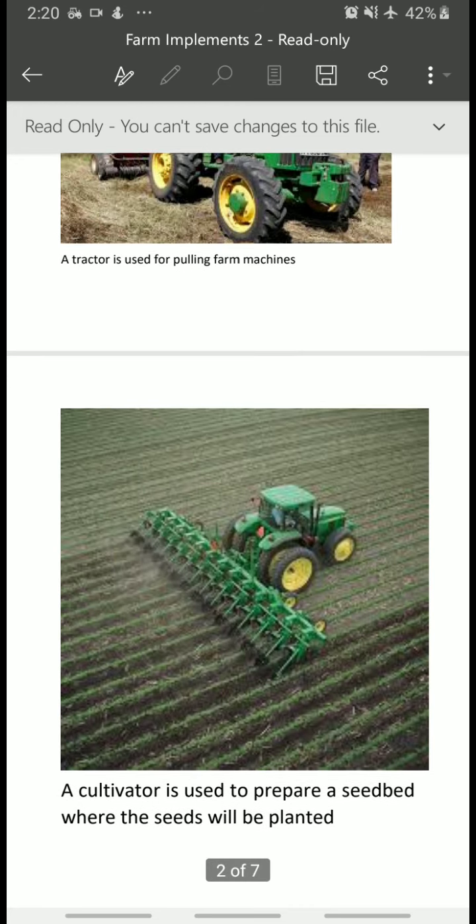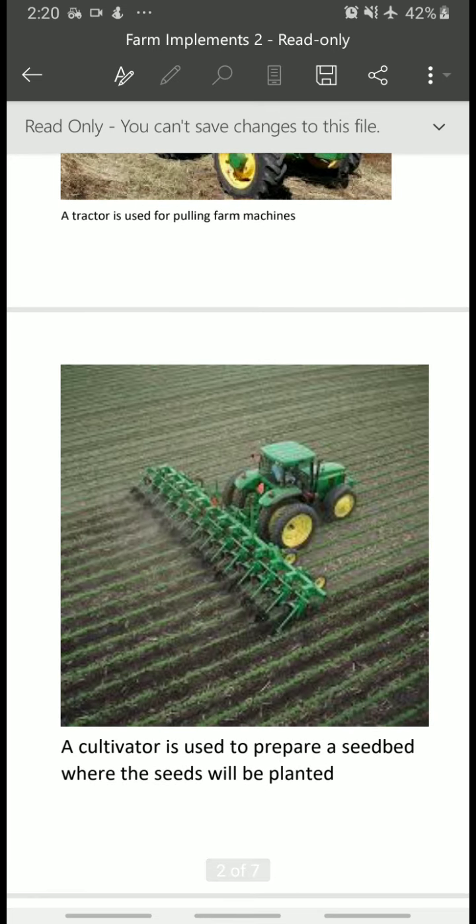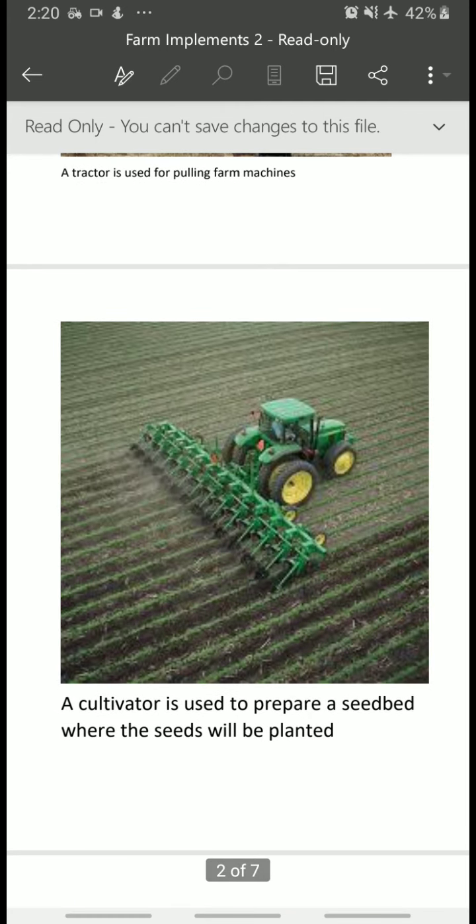And here is a cultivator. Instead of using your hoe or your other small implements to be preparing the ground for planting, you use a cultivator. When you run a cultivator through, can you see how big the land is?